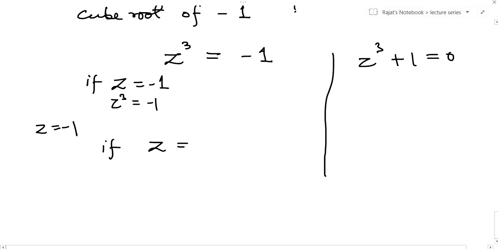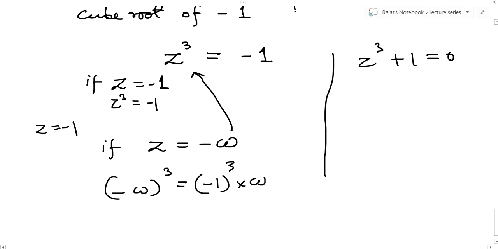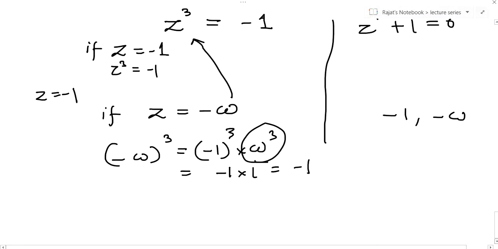If I say z is equal to minus omega and I put this here, I will get minus omega whole cube, which is nothing but minus 1 whole cube into omega cube, and minus 1 whole cube is minus 1, and omega cube is equal to 1. So this is minus 1. So z is equal to minus omega also satisfies the equation. So one root is minus 1, other root is minus omega. Similarly, what will be the third root?